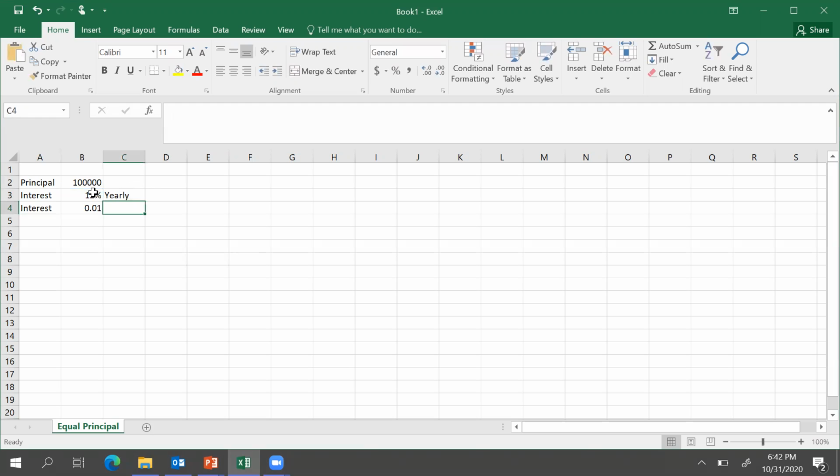This will be monthly interest. And suppose the tenure of this loan is 1 year. The tenure is 1 year, and the tenure in months is 12 months.